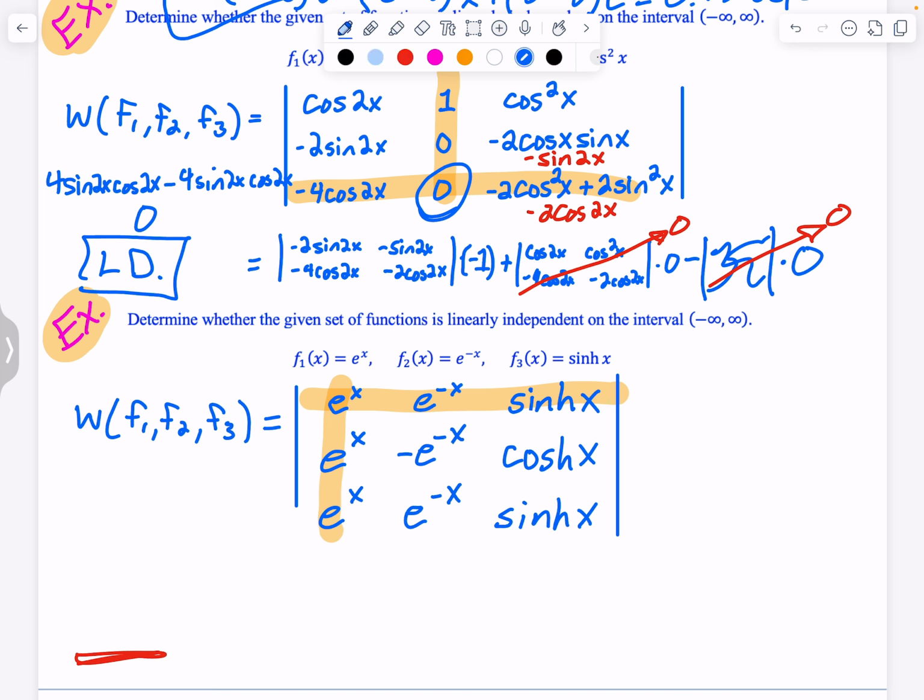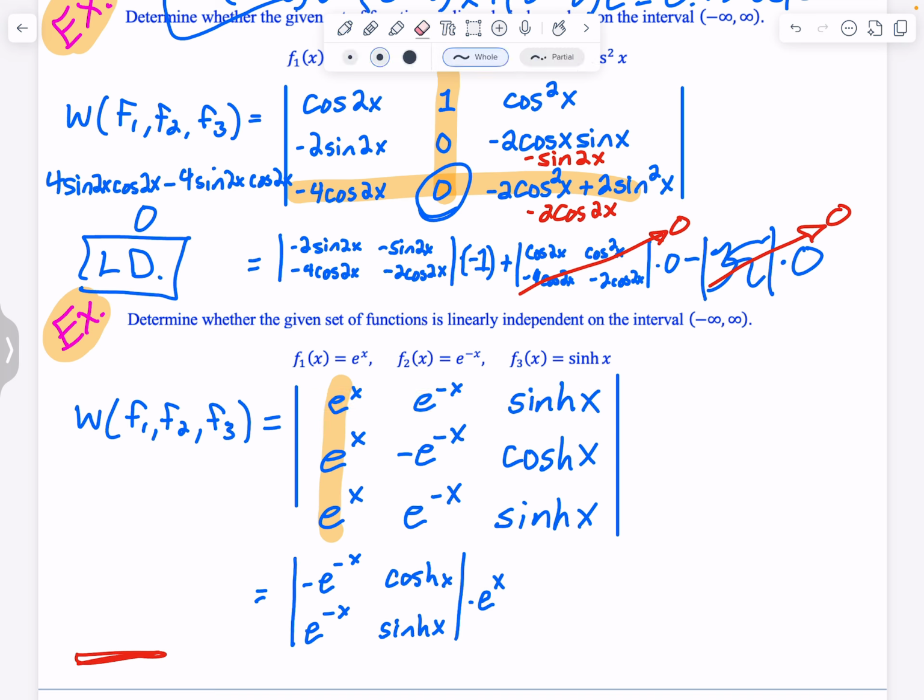Okay, so let's give it a shot. Create your first one. I got negative e to the negative x, cosh x, and then I got e to the negative x, sinh x, and then I times it by its intersection. That's a plus, right? Now I know this next one, if I move it down, is going to be a minus because of the intersection and where it's at.